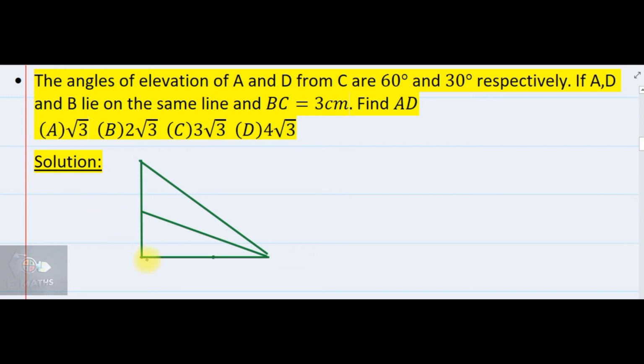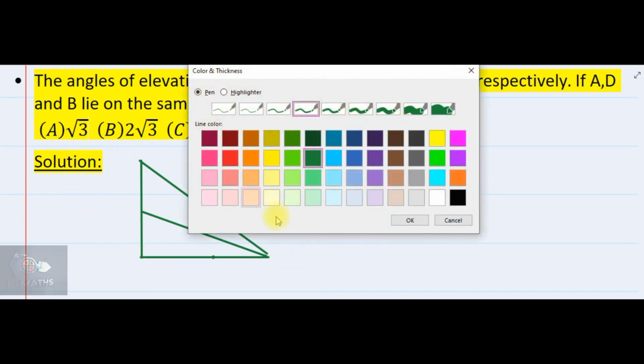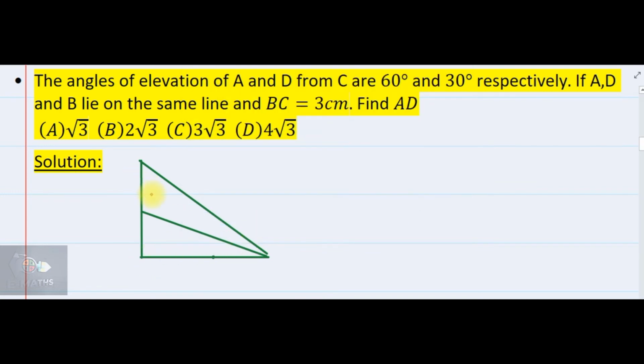We are asked the angle of elevation of A and D from C. For A it is 60, so it has the longer side; this should be A, while this should be D, and this is C, because from C the angles are 60 and 30.